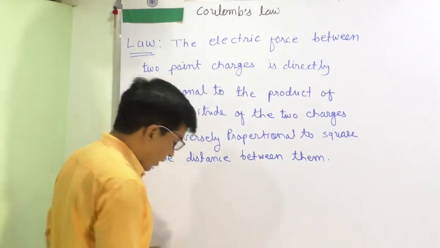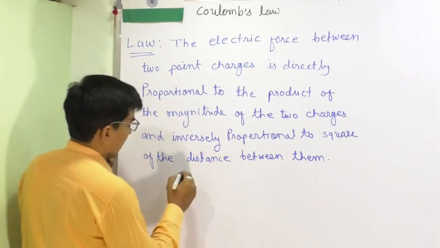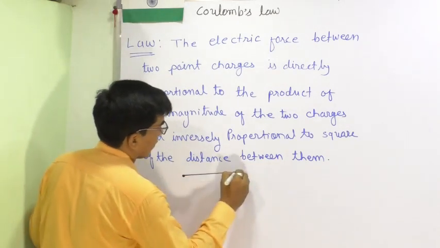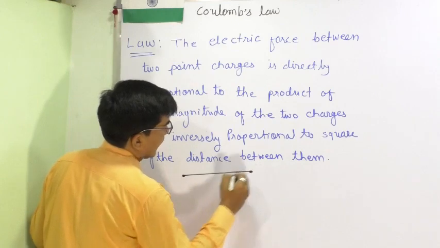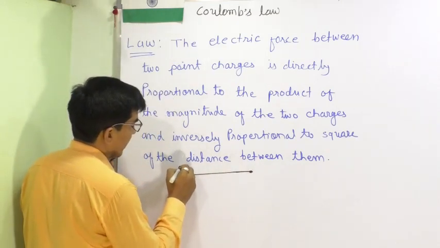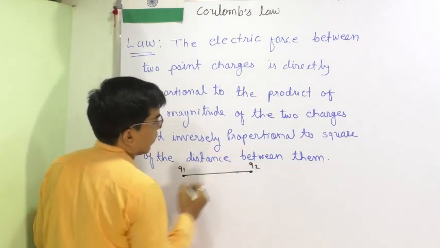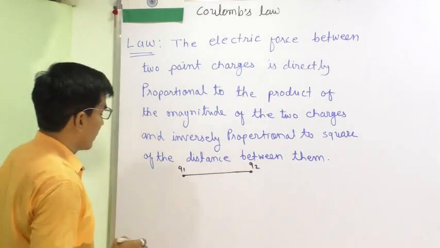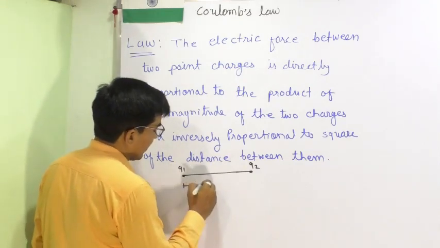Suppose these are two point charges. Specially, Coulomb has taken two charges, Q1 and Q2, as point charges, and the distance between them is R.